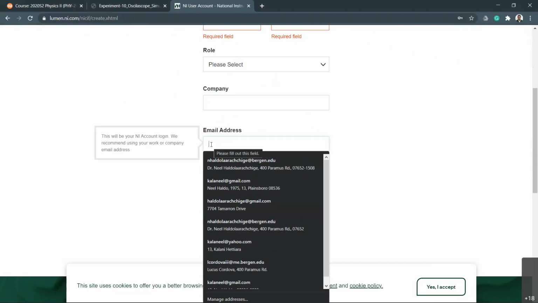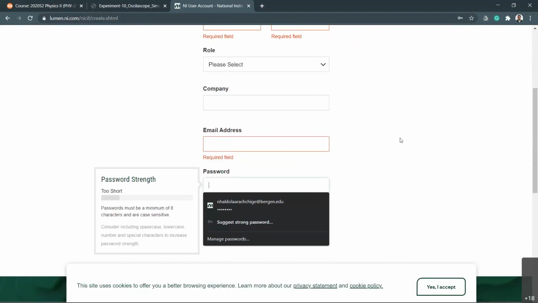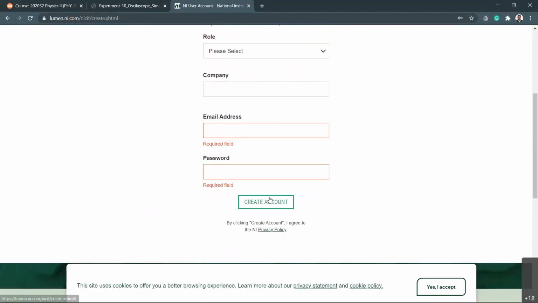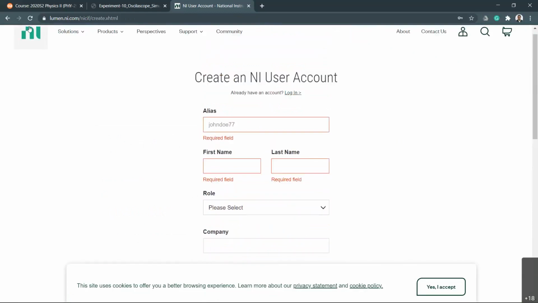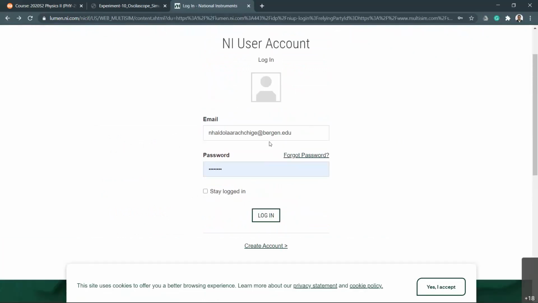So whatever email you usually check, put that email. And then set up a password. And after you put everything, click create account. After you do that, you will receive a message at your email. Then you go into your email and click the link they sent to you. That will validate the account, okay? After it validates, you can come here and put your email and password, then you can log in.